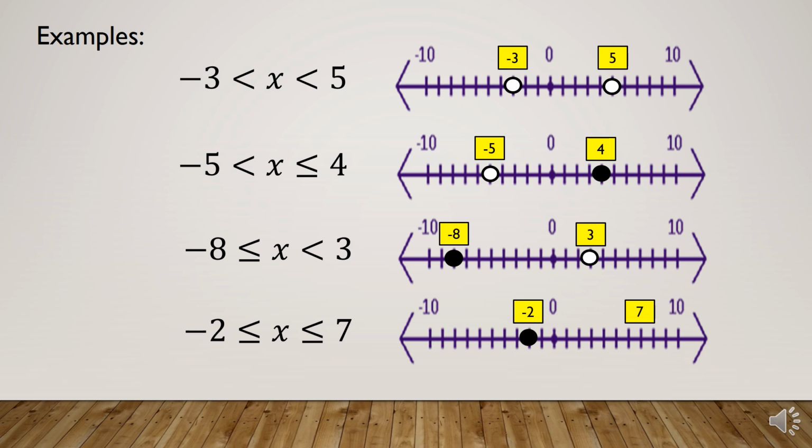We have also +7. Since the inequality is less than or equal, we will use a closed circle. So you have observed that in the given set of values on a real number line, -2 and +7 are included in the values of x.